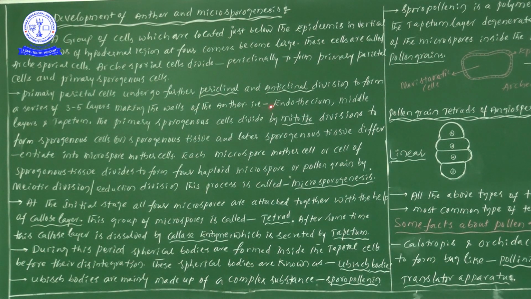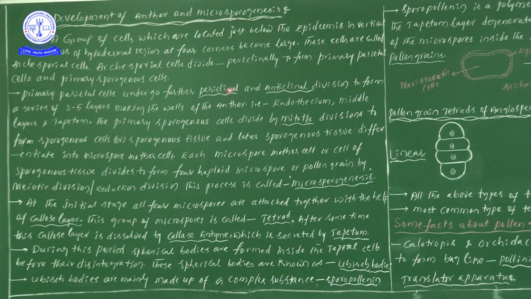All these cells are involved in the formation of endothecium, middle layers, and tapetum. If you see the structure of the anther or microsporangium, there are different layers: epidermis, endothecium, middle layers, and tapetum. The epidermis is there, and just below the epidermis all these processes take place.